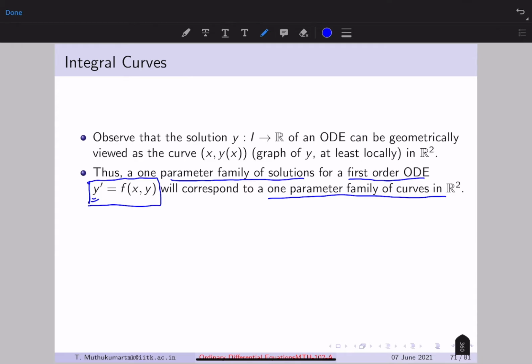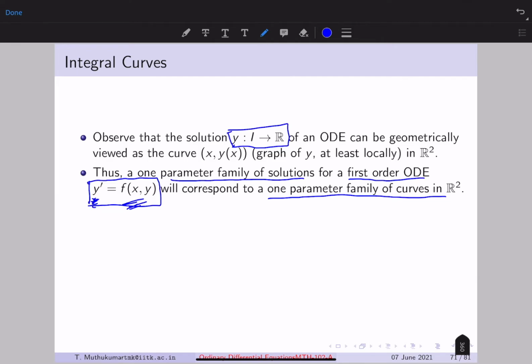So what is the solution? The y. And what is this relation saying? This differential equation is giving you a relation between the derivative of y and some known function f. And what is this derivative of y? It is the tangent of the unknown y.